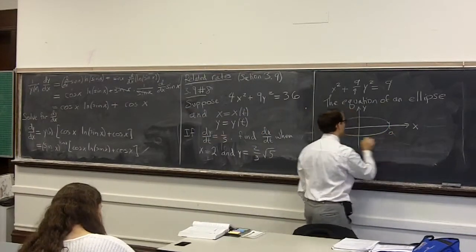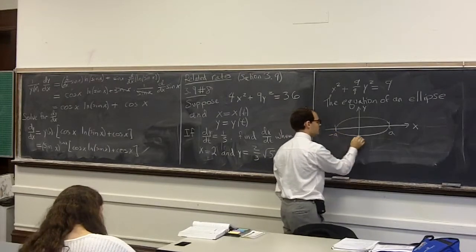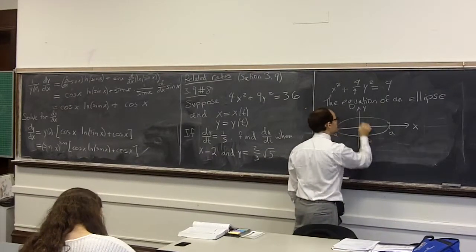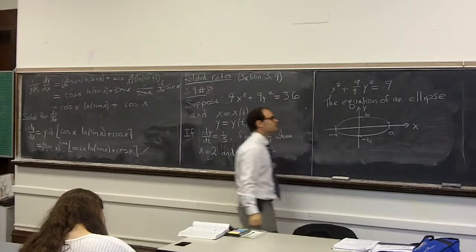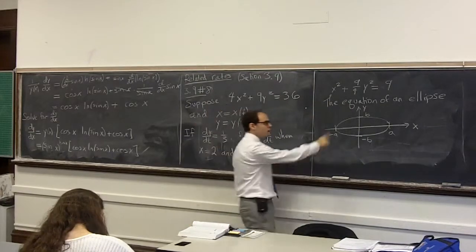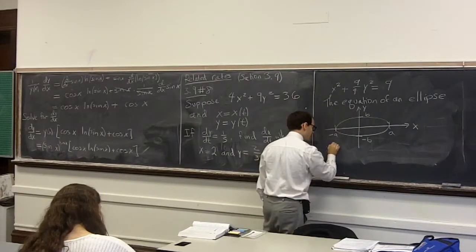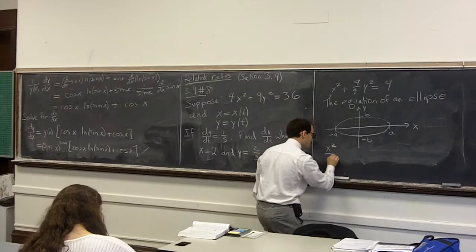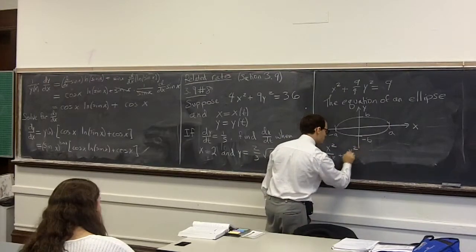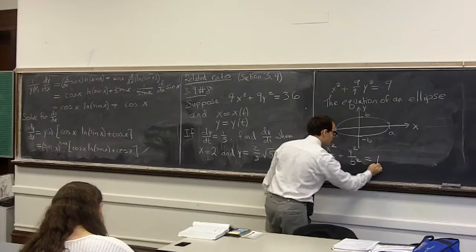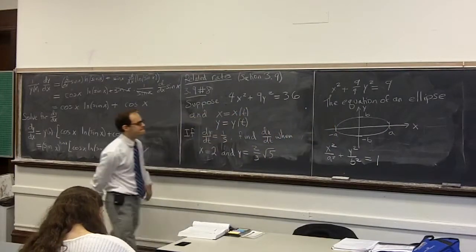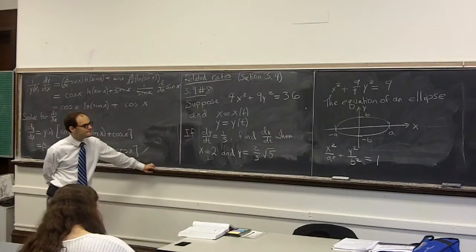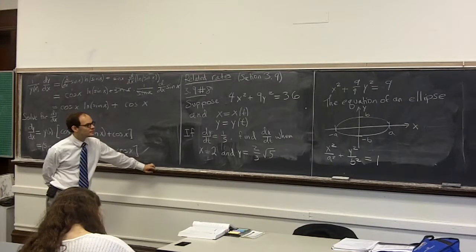If this is A, this is minus A, this is minus B, this is B. Well, the equation of this ellipse is given by x squared over a squared plus y squared over b squared equals 1. So that's the equation of an ellipse.